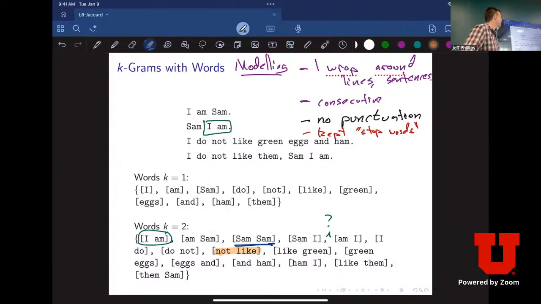I'd like to understand, well, what is it that I don't like? I don't like green eggs and ham. This would require a much longer set of K-grams. There are some practices where you have K=3 or 4 or 5. If I had 4, I would have "not like green eggs." Then I would have that whole kind of object in the set.